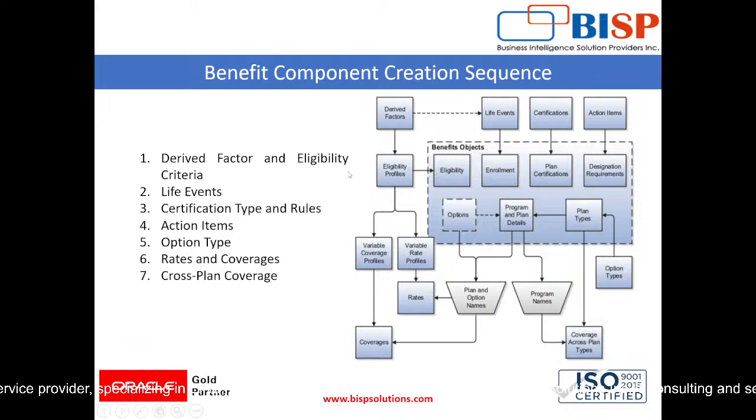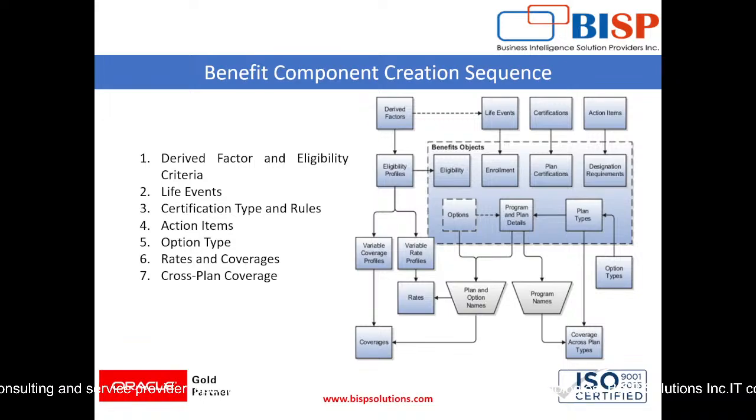The first point you can see is derived factor and eligibility criteria. Sorry, that's eligibility profile. Oracle provides a list of predefined derived factors like age or service length. In a bit, we are going to see derived factor and eligibility profile. You can combine these to create an eligibility profile, which decides who qualifies for specific benefits.